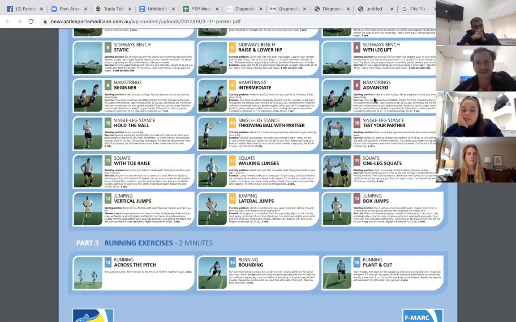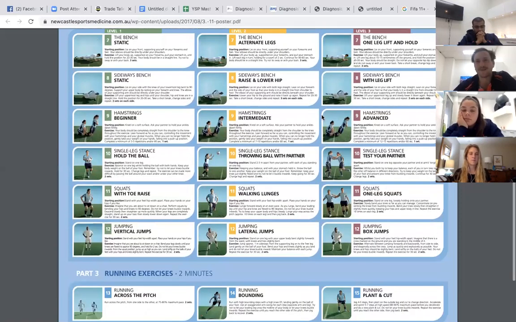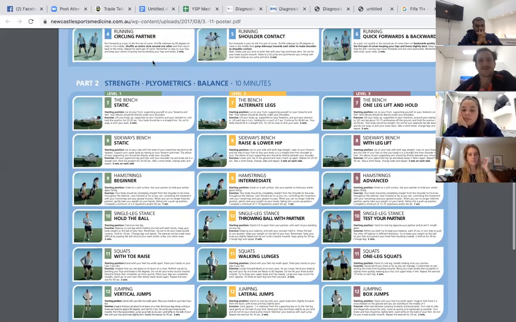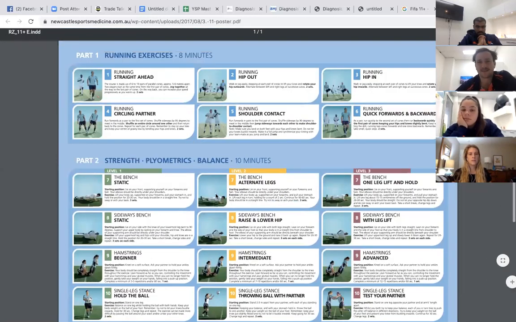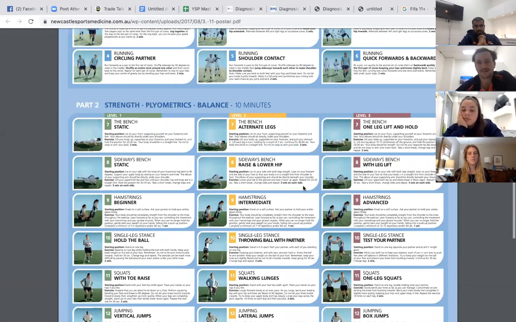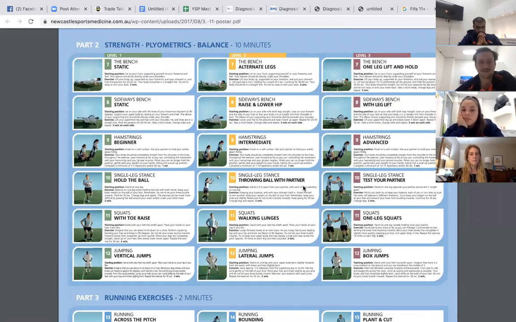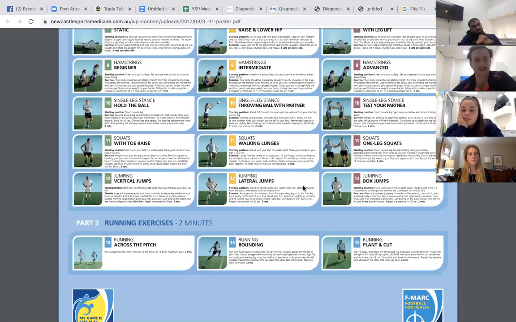But I agree that 20 minutes of extra stuff is silly. That first part is usually done in most teams. But throwing in a couple of landing drills, a couple of Nordics, would be my take home point out of this.